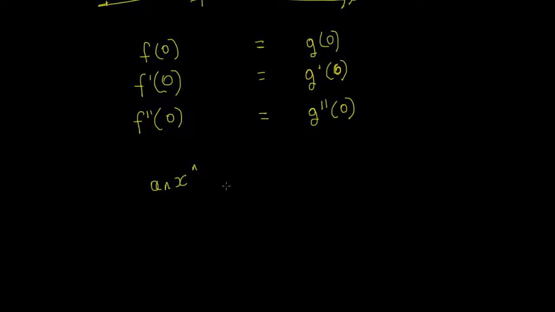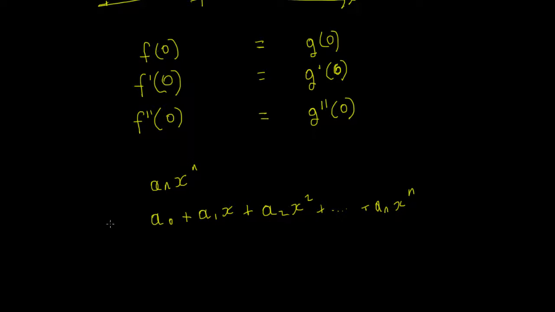Okay, so for example, when n is 0, we would have a0 x to the 0, right, and then when n was 1, it would be a1x, and that would be a2x squared plus blah blah blah plus an x to the n.